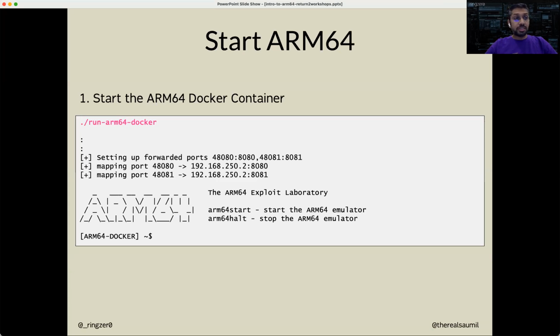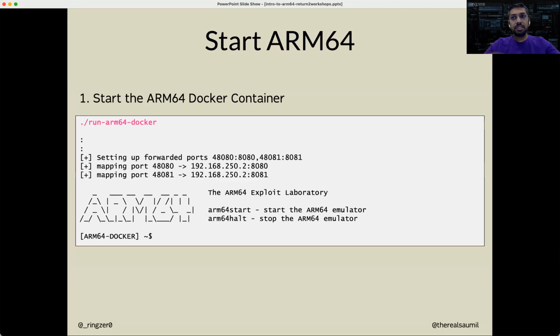When you run this for the first time, it's going to take some time because it's going to unpack the entire file system. You see a little progress bar. Thanks for pointing it out. Yes, the first time you do this, it's going to take some time. And then very soon you will be dropped into an ARM64 Docker prompt.